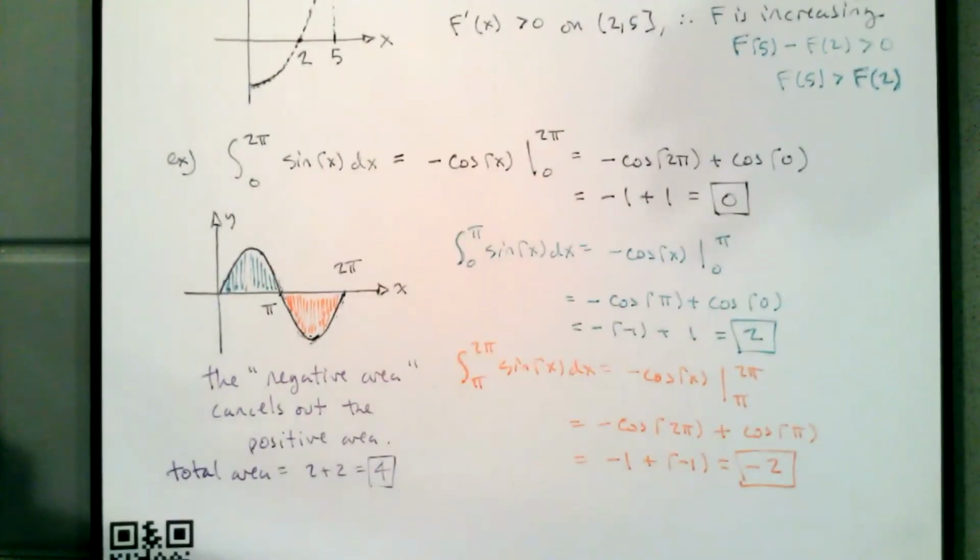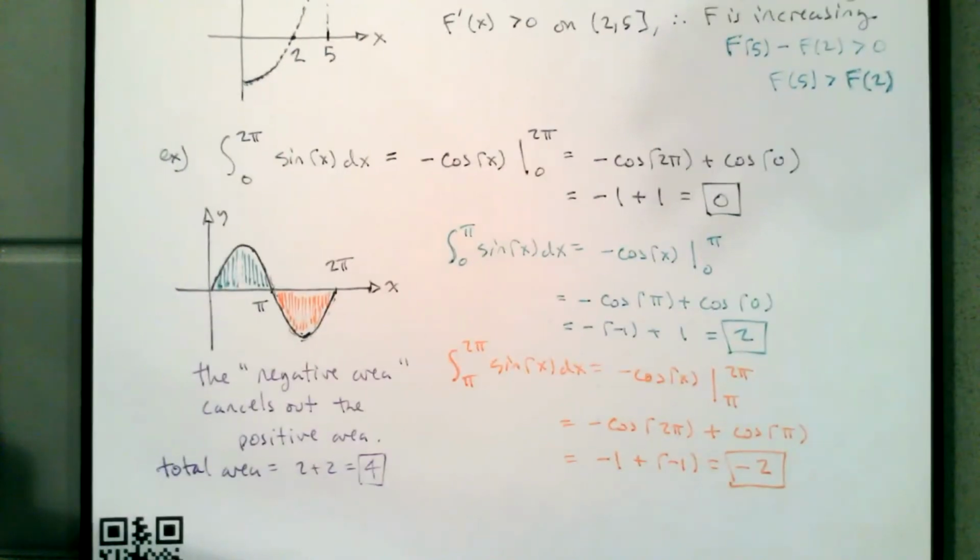Because if we're just counting area, we don't count negative area. That's just what the definite integral is telling us, that the antiderivative is decreasing.